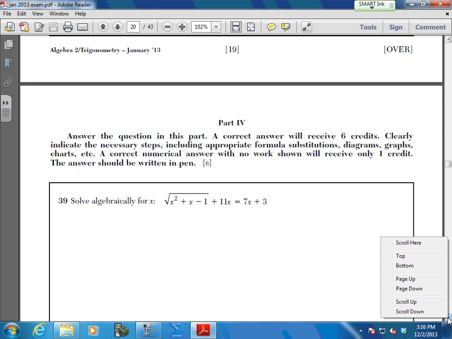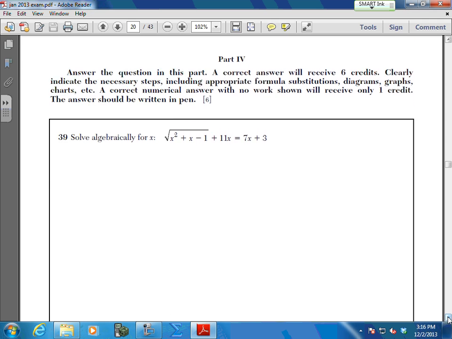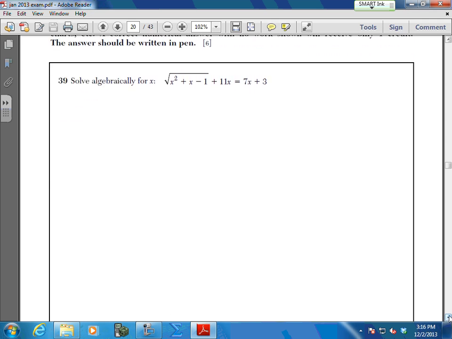And our last problem was a nice problem. It was a radical. Now, to undo a radical, you know you could square it and get rid of your radical. But, just like an absolute value, you have to isolate the radical. So this has to be by itself. So subtract 11x.